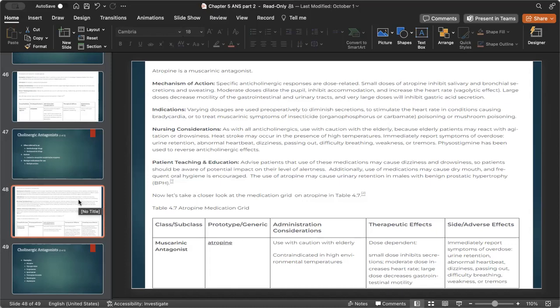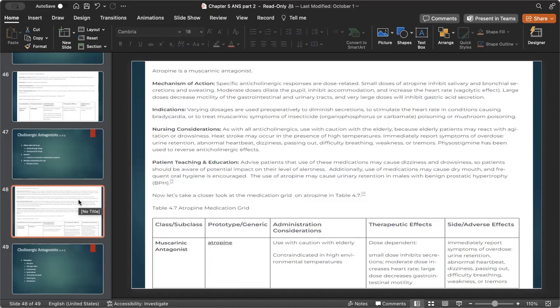Like I said, now we want to get into our patient teaching and nursing considerations, which is the most important part of these medications. And like I said, these classes of medications, all of these things that I'm telling you about repeat, but the most important one is atropine. So we want to advise our patients to be careful with these medications because of the drowsiness and the dizziness, and be aware of their level of alertness.